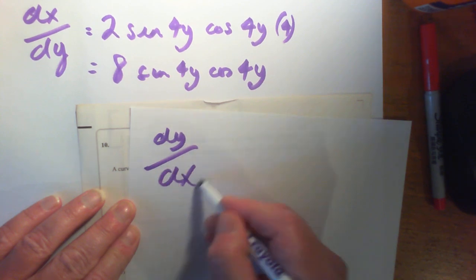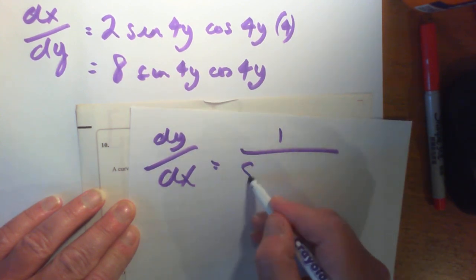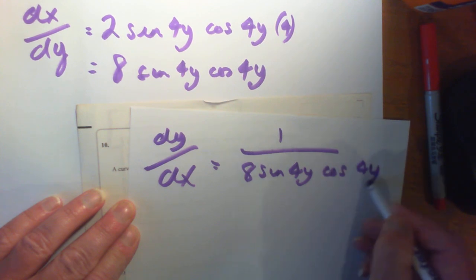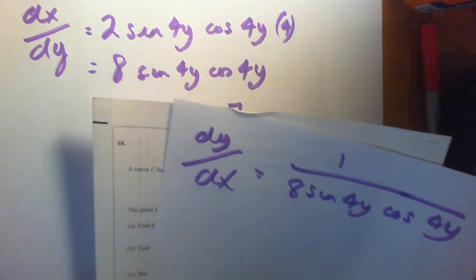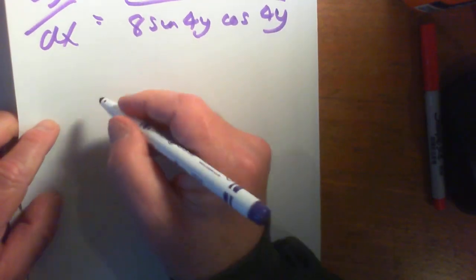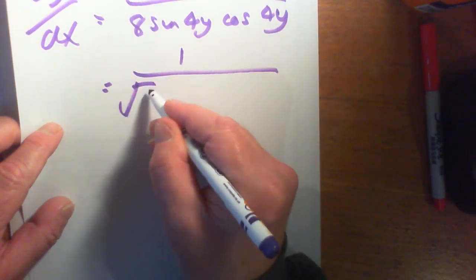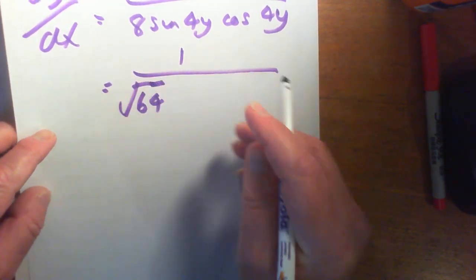So dy by dx equals 1 over that, 8 sine 4y cosine 4y. Now see what it's asking you for. It's asking for a square root. So I can start off by saying that 8 is the square root of 8.